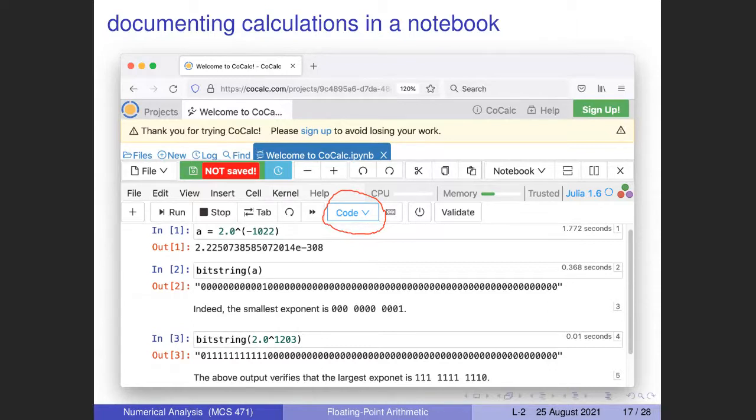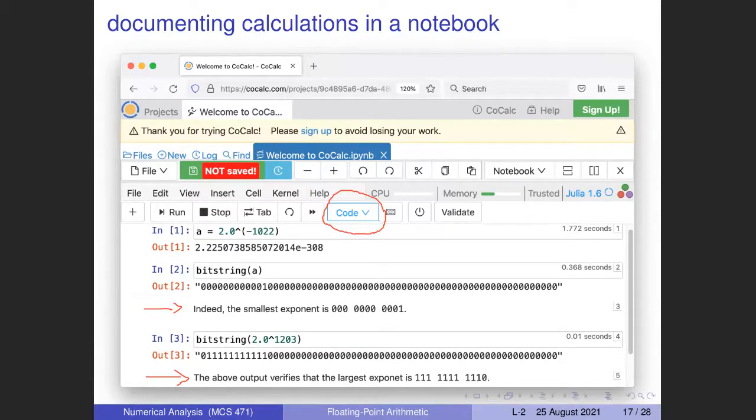Here we use it as a calculator, but we can also use it as a programming environment. There is the code, but what I circled is that any cell can also contain text. So we have the two text cells here that explain and document our computations.